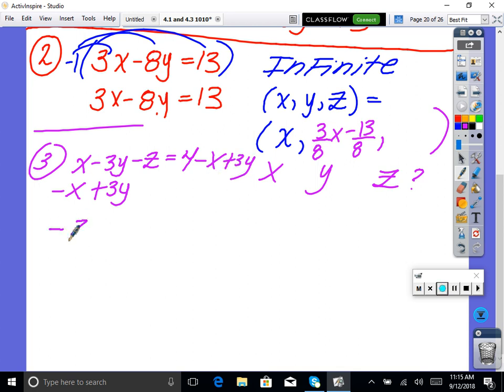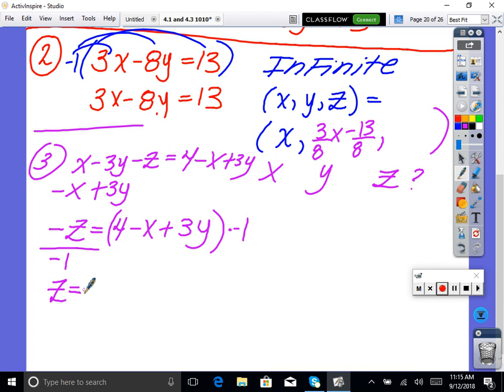So we have negative z is equal to 4 minus x plus 3y. Get z alone: divide by negative 1. Isn't that the same thing as timesing by negative 1? So z is equal to negative 4 plus x minus 3y.